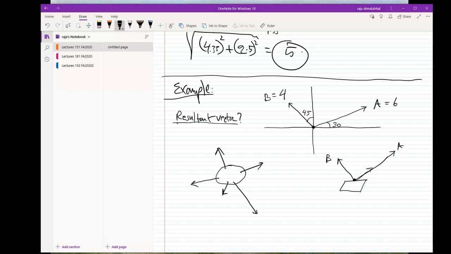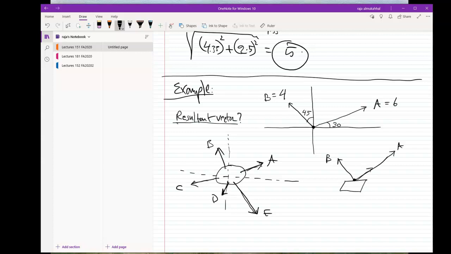So there are 5 people pushing it. The strongest, of course, is this one. But why do I know this is strongest? Because it's the tallest vector, the longest vector. This is the weakest right there. And this one a little bit longer or stronger than this one, and so on. You got the idea, right? So if I put an imaginary Cartesian plane on that, like that, I can say that we'll call them A, B, C, D, E.